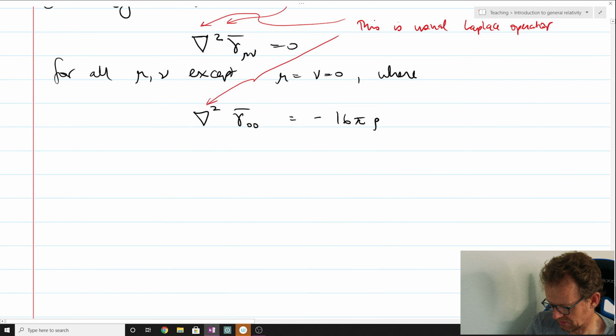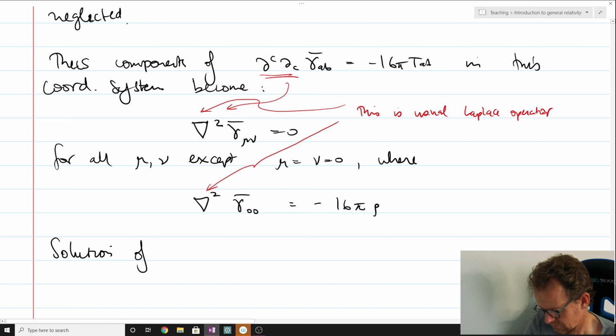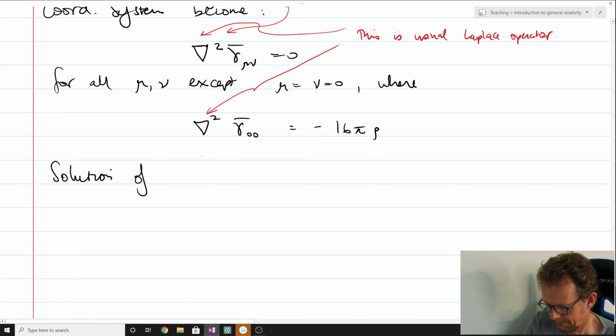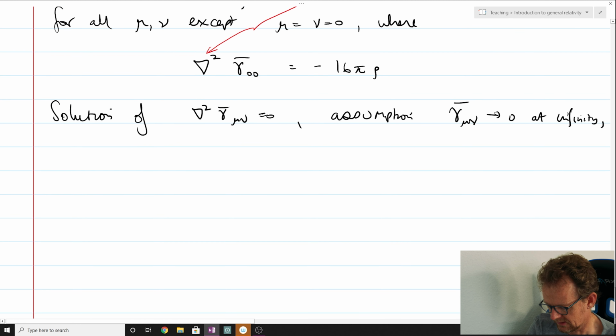So the solution, let's just solve it, right? We know how to solve Poisson's equation. That should be able to be done in your sleep by now. So the solution to Poisson's equation here, I don't know what we're going to call this equation. I'll just rewrite it rather than introduce yet another equation label. So the solution of this equation, well, under the assumption, right, that the metric perturbation vanishes as we go to infinity, well, that's pretty easy.